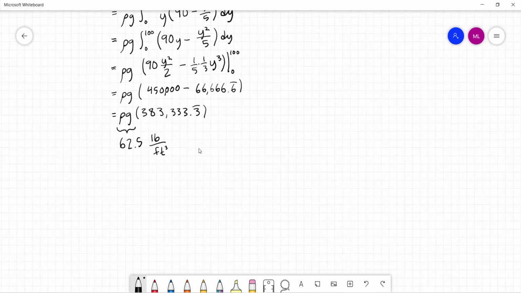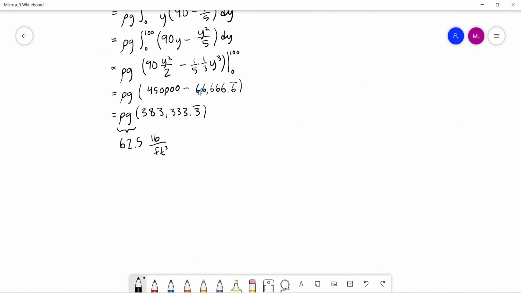And then we multiply it by this, which wound up being our volume. And the whole final number we get when we do that multiplication is, let's see here, 23,958,333.3 pounds of force is what I wound up getting.